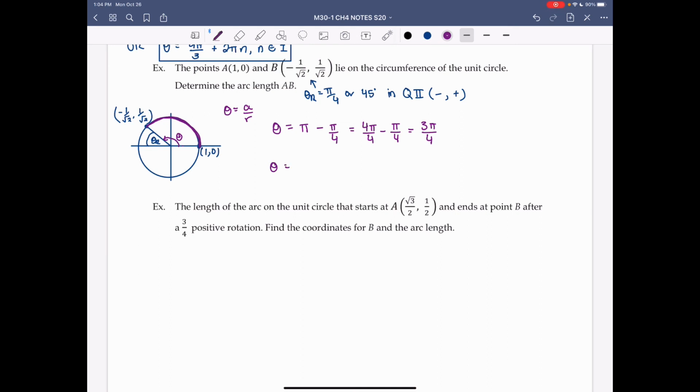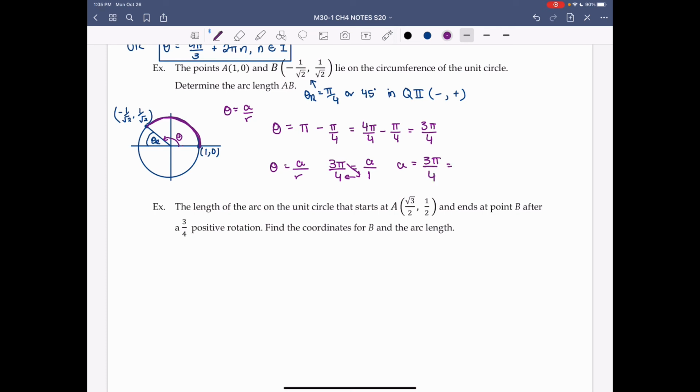Theta equals A over R. Theta in this case is 3 pi over 4. A is what we're calculating, R is 1. We can cross multiply and divide. 3 pi times 1 divided by 4 gives us A equals 3 pi over 4.